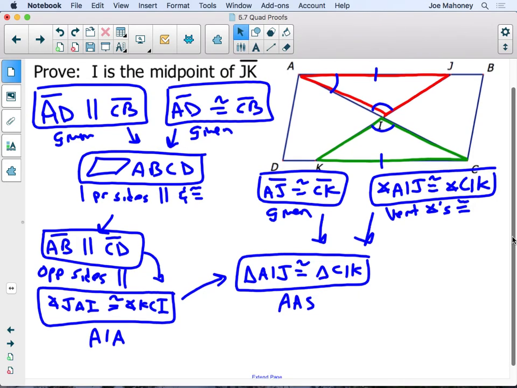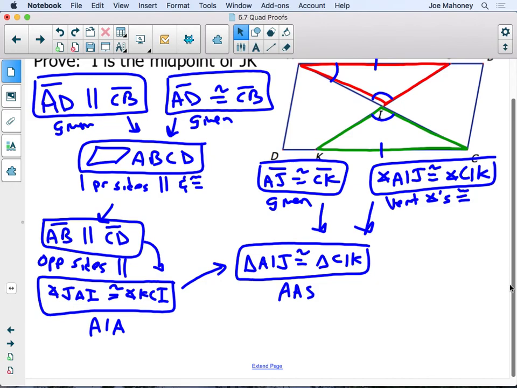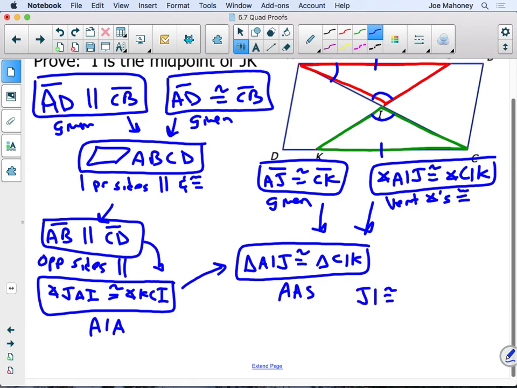So finishing this thing up, let's prove that I is the midpoint of JK by saying that JI is congruent to KI by CPCTC, and that arrow goes there.